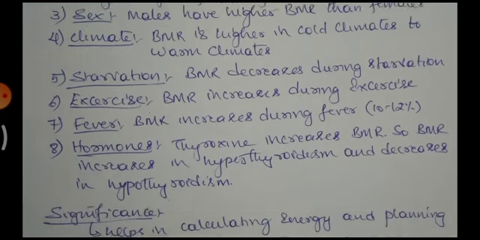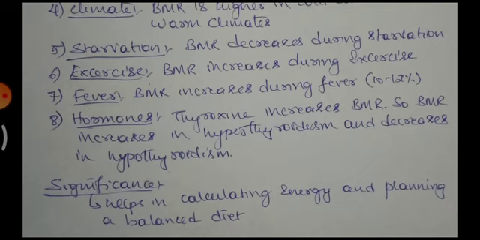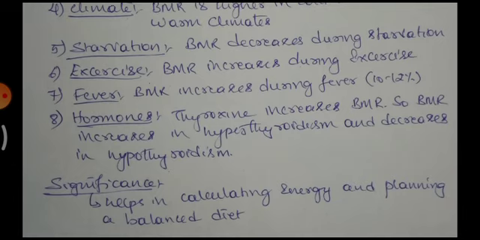And hormones: thyroxine increases BMR, so BMR increases in hyperthyroidism and is affected in hypothyroidism. Whenever thyroid hormones are produced in more or less quantity, it is going to affect the BMR levels. All these factors are very important in influencing the basal metabolic rate.